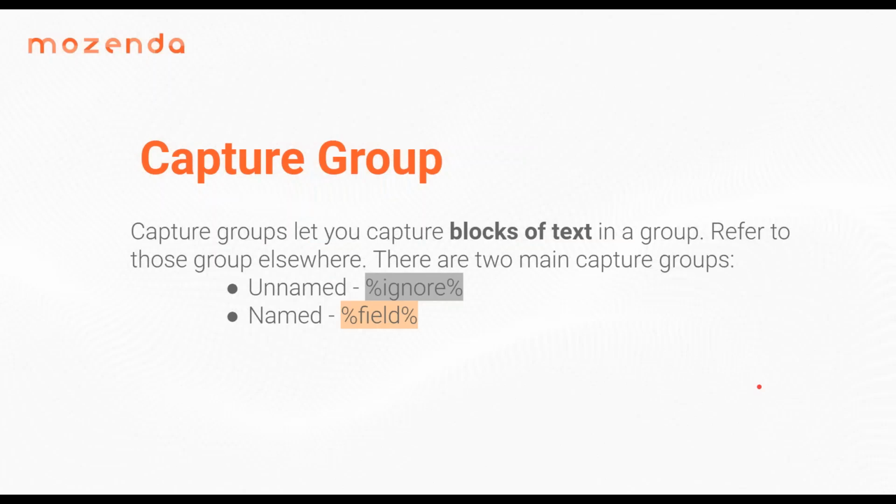Now on to capture groups. Okay, capture groups. This is probably the most important part of Mozenda, right? Yeah, probably, because this is how you're going to set your fields. This is how you parse your data out.